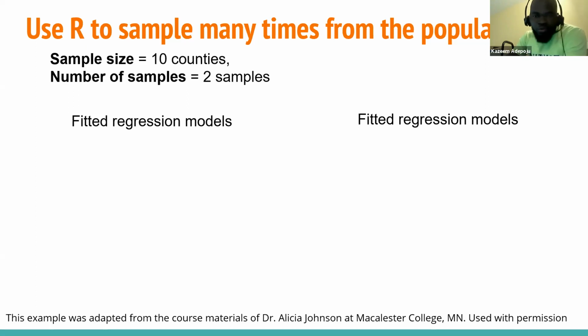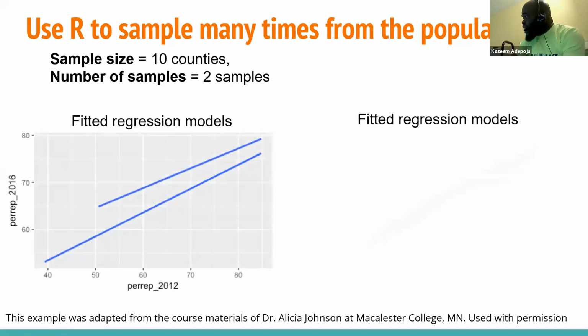From that data set, we just want to look at 10 counties, only that we're going to do it 2 times. That's why the number of samples is going to be 2. The first time, I'm going to randomly select 10 counties. The second time, I'm going to go there and randomly select 10 counties again.